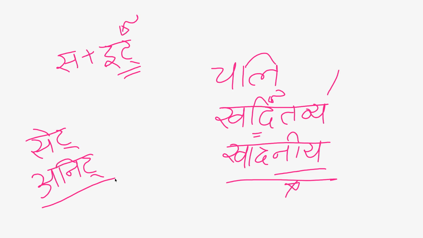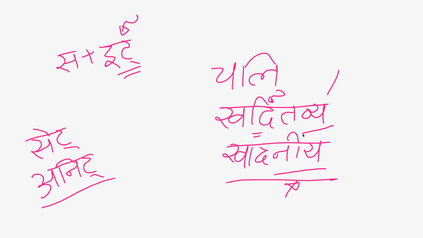Anit means the dhatu does not get the it pratyaya when certain pratyayas are added. Not all pratyayas, but certain pratyayas. So this is another way of categorizing the dhatus, set and anit.